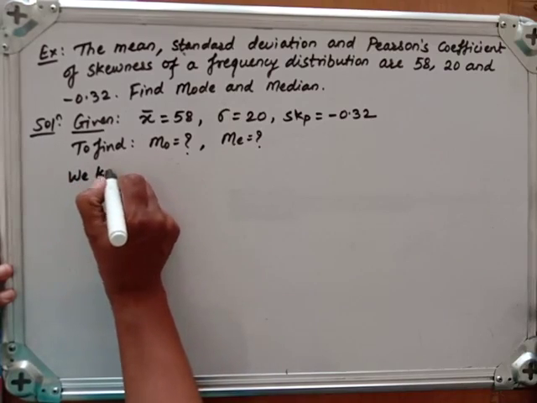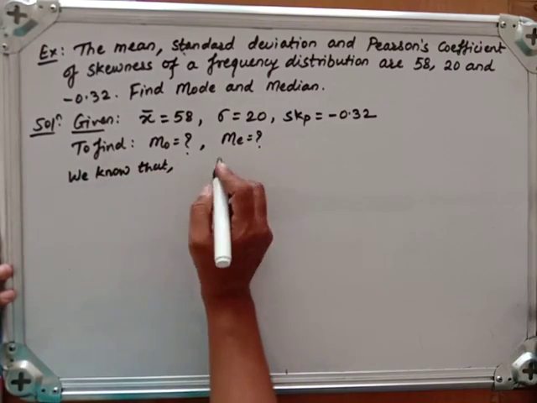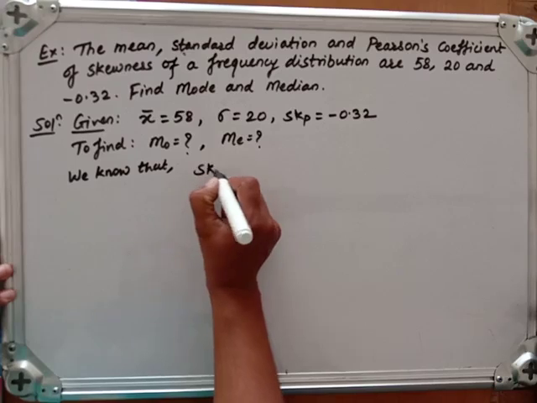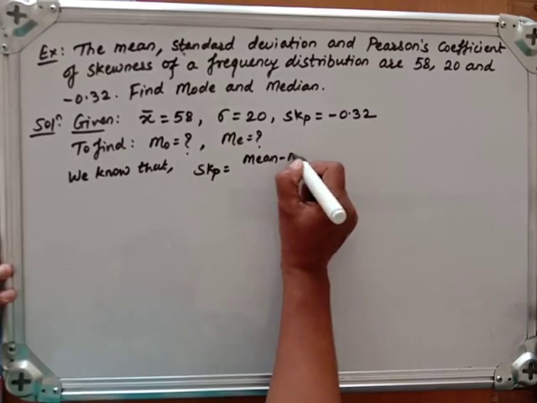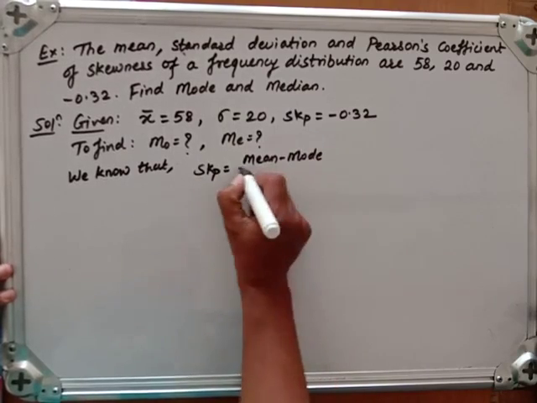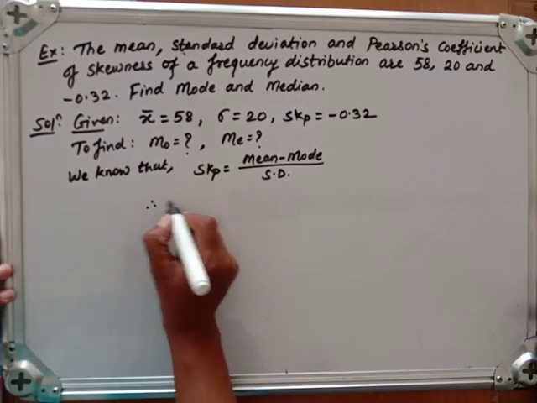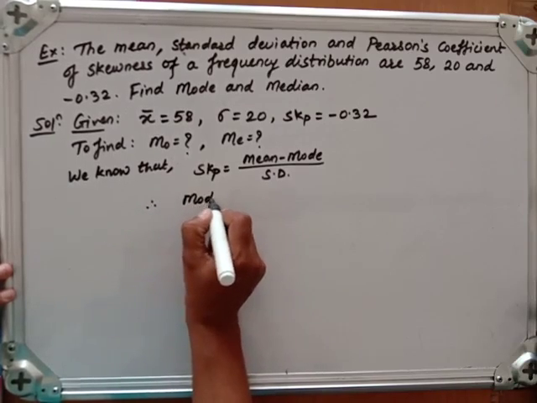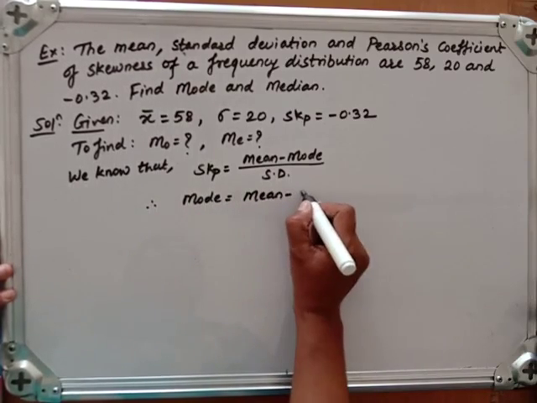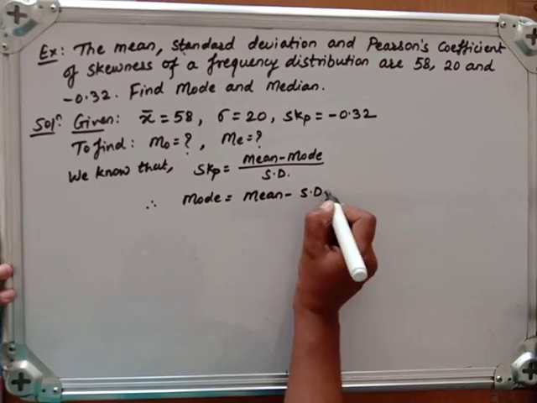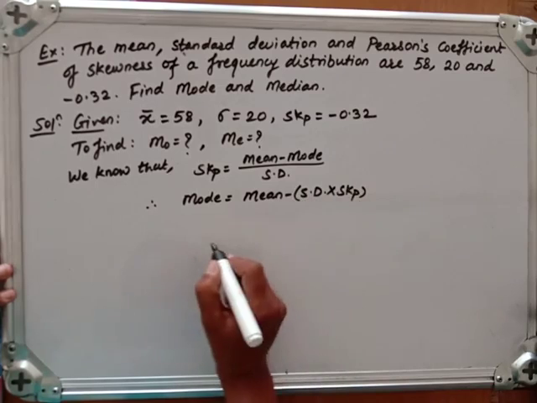Now we know that coefficient of skewness is mean minus mode upon standard deviation. So from that we get mode equal to mean minus standard deviation multiplied by coefficient of skewness.